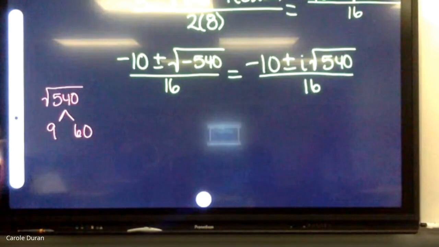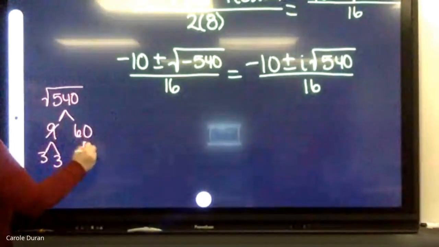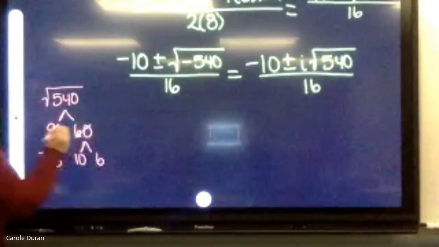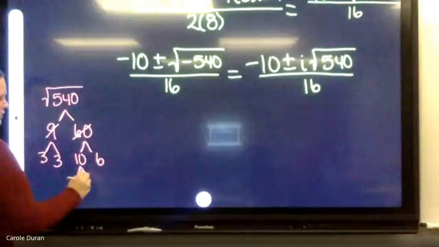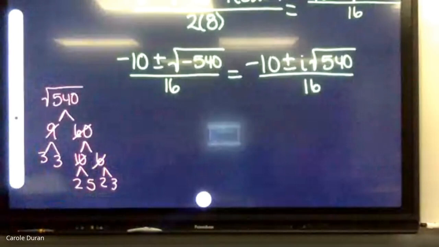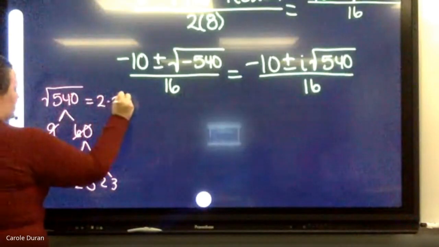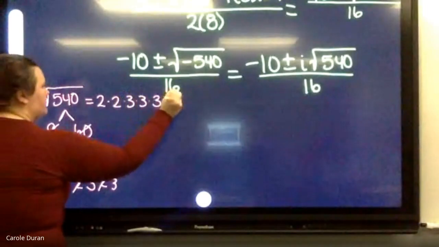So I break them down farther. 9 breaks into 3 times 3. What does 60 break into? 10 and 6, okay. Neither one of those are prime, so I have to break them down again. 2 and 5 makes 10, and then 2 and 3 makes 6. So now I have my prime factorization, which is 2 times 2 times 3 times 3 times 3 times 5.